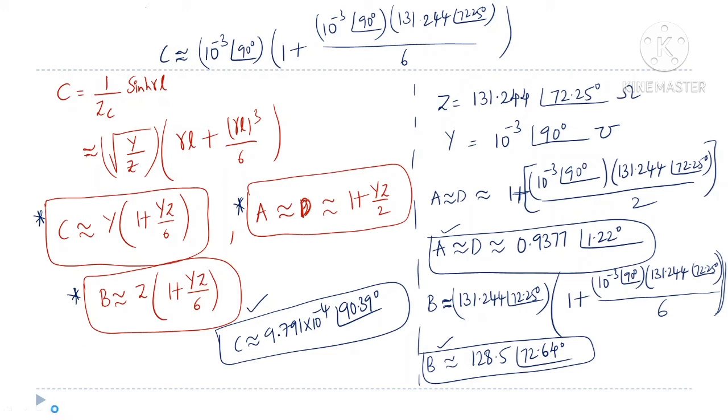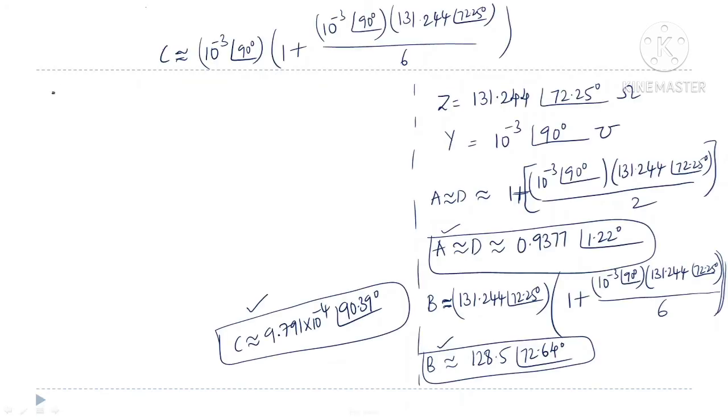Just substitute all these ABCD values in the equations. By using these equations, Vs is equal to A VR plus B IR, and Is is equal to C VR plus D IR. What is VR we got? We got VR as per phase.